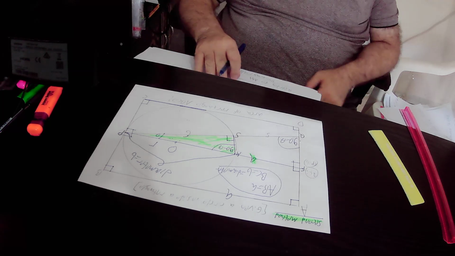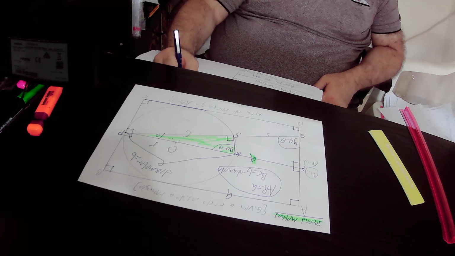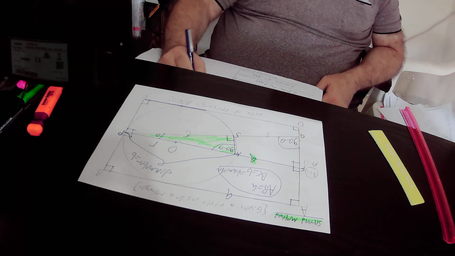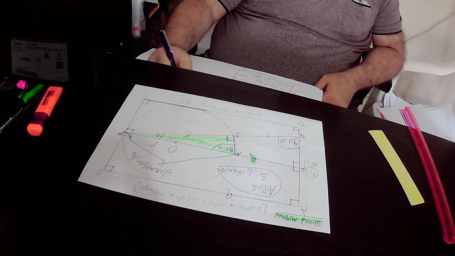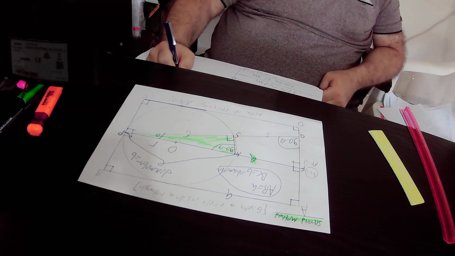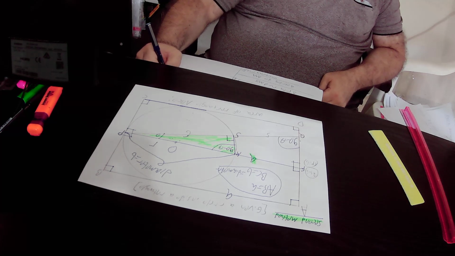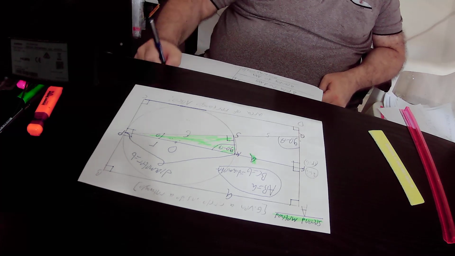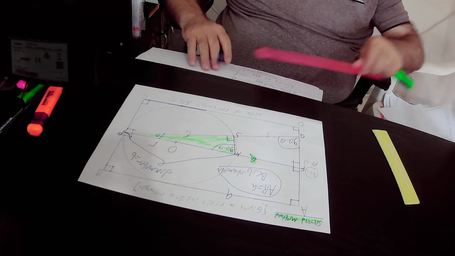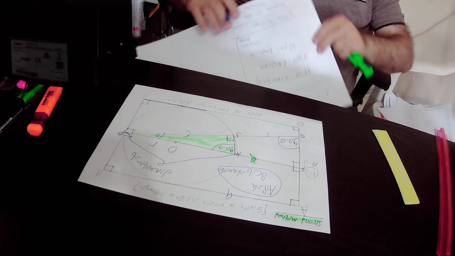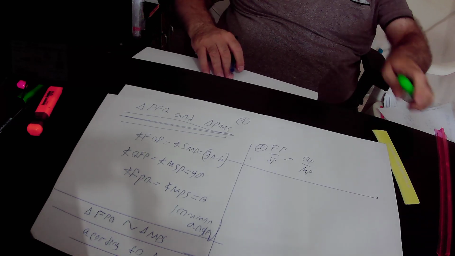We conclude that FP over SP is equal to QP over MP. From the fact that the two right triangles are similar to each other, we conclude that FP over SP equals QP over MP.